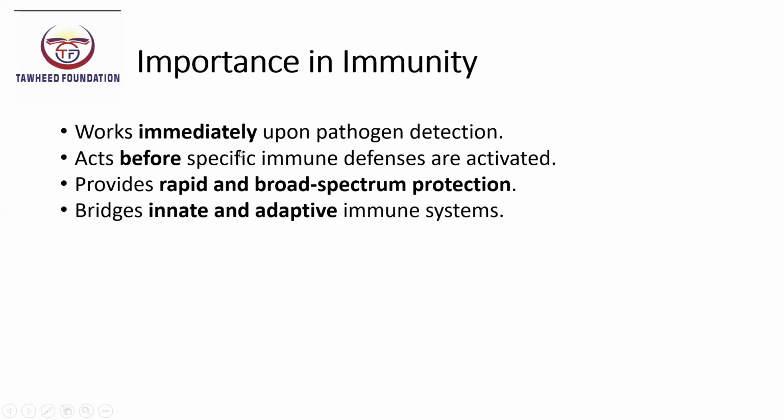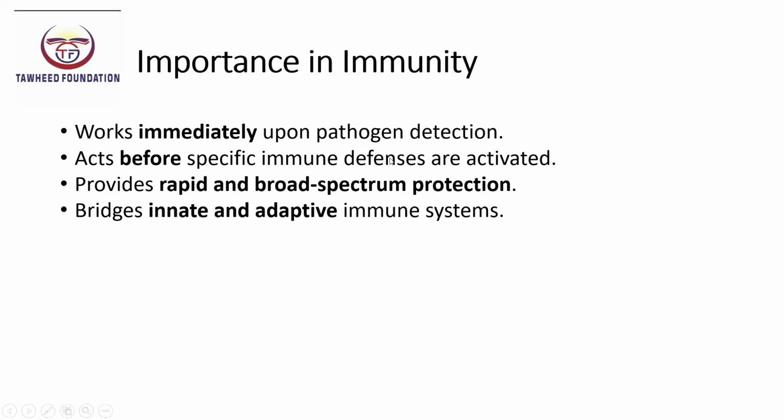This gives our body a significant advantage in controlling infections during the early stages before the adaptive immune system is fully activated. Complement also works hand in hand with antibodies.